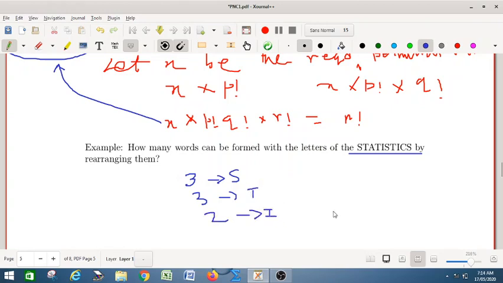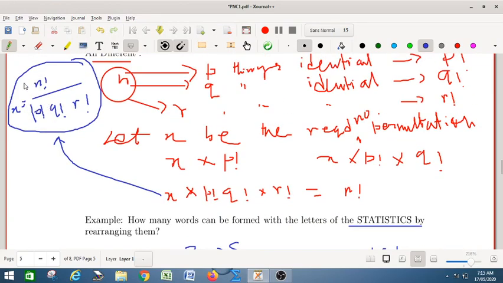The I letter twice, T letter thrice, S letter thrice. So what is the total number of letters? Total number of letters, you see, is 10. So your answer will be factorial 10 by factorial 3 into factorial 3 into factorial 2. Clear? Because all others are different. There is no repetition in all the others.